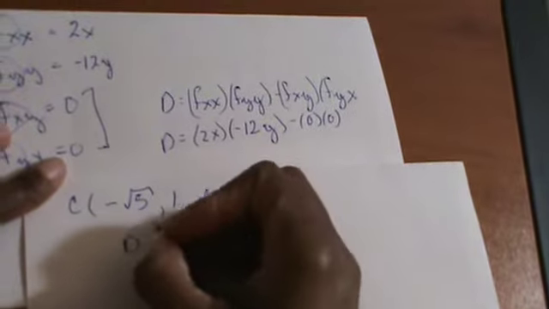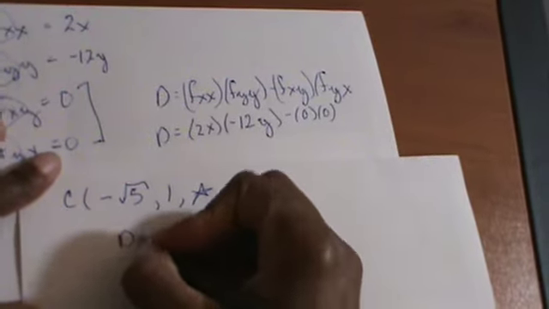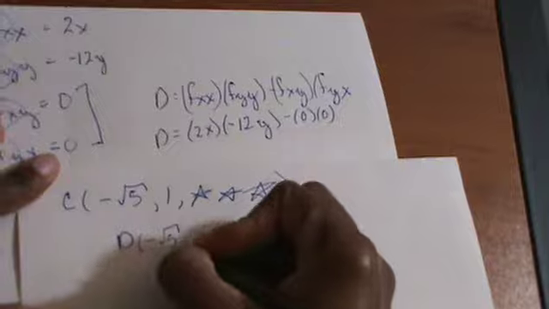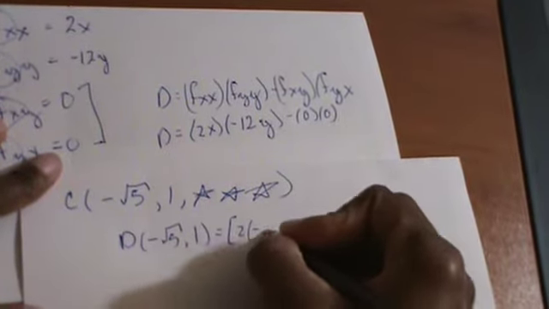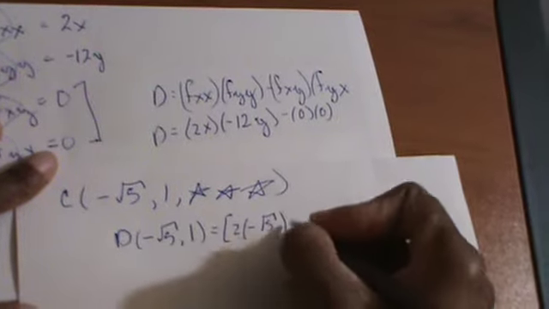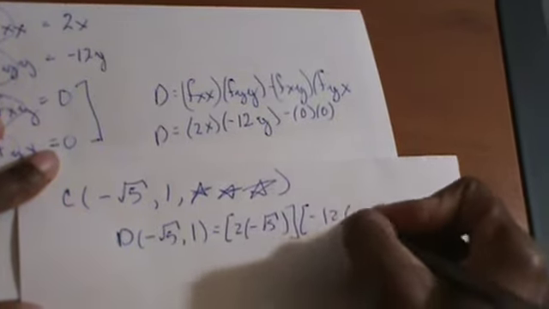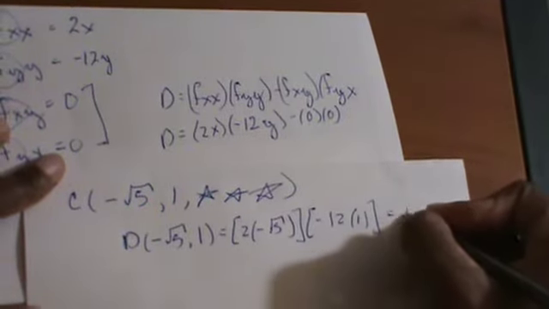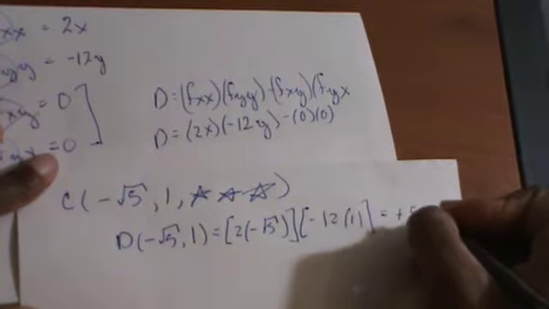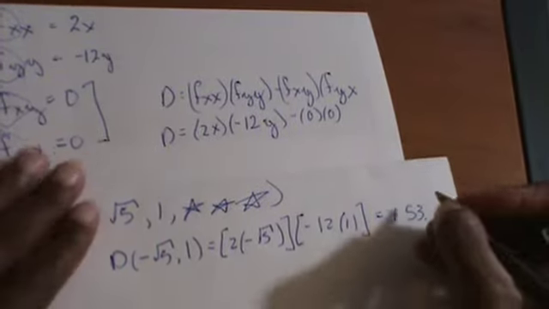So D at the negative square root of 5, comma 1, equals 2 times negative square root of 5 times negative 12 times positive 1. So this would equal positive 53.67.